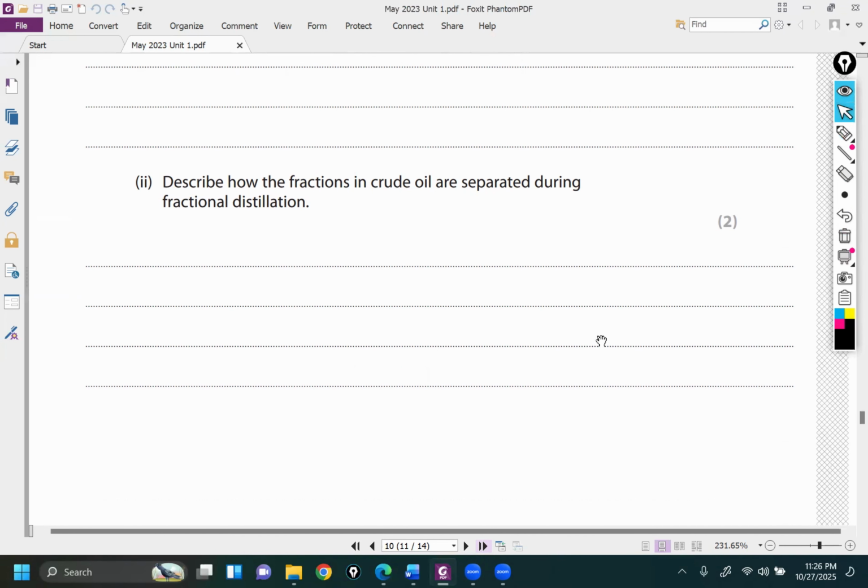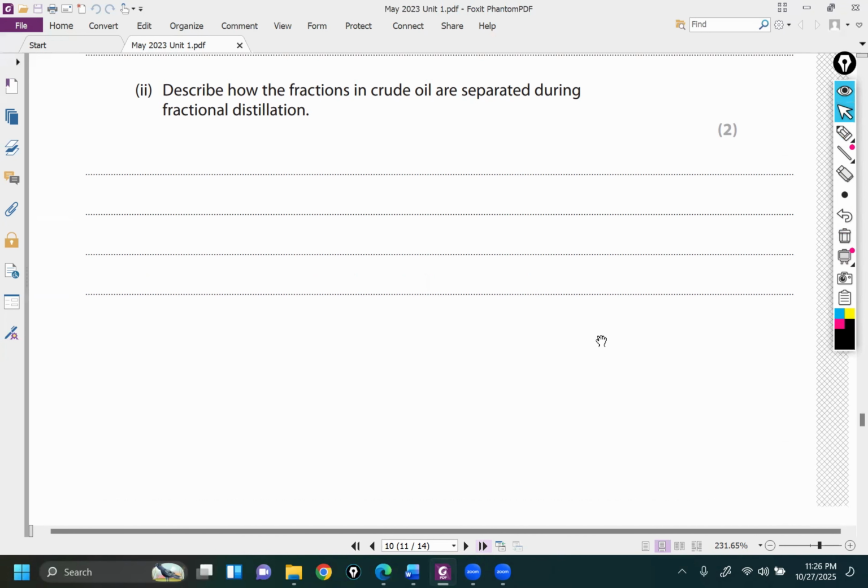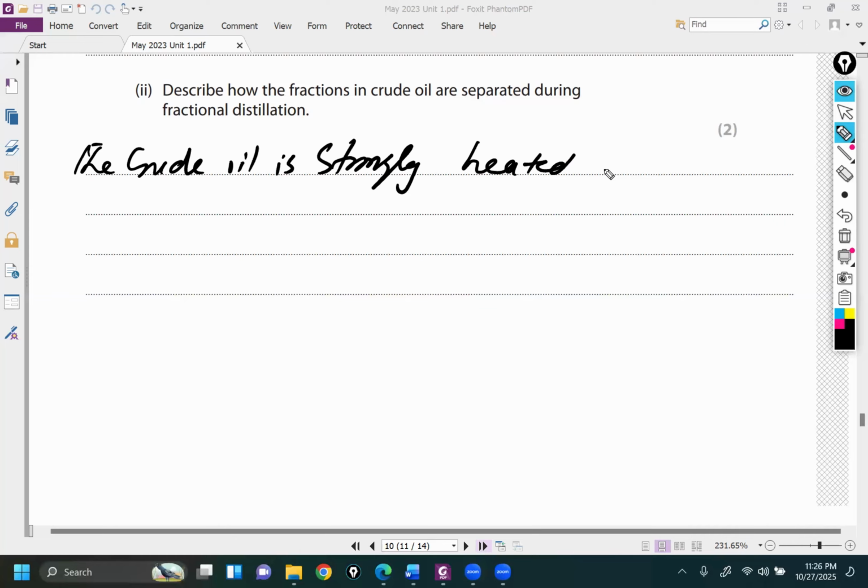Part 2, describe how the fractions in crude oil are separated during fractional distillation. So in this case, the crude oil is strongly heated to vaporize it. First point.